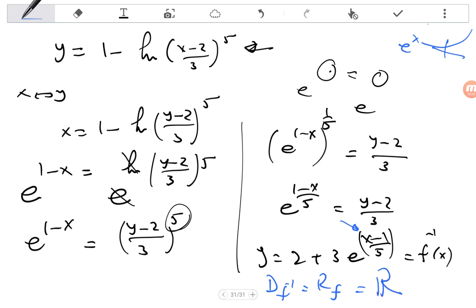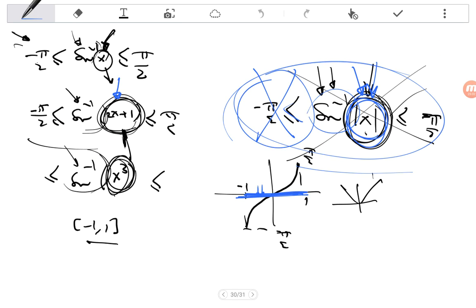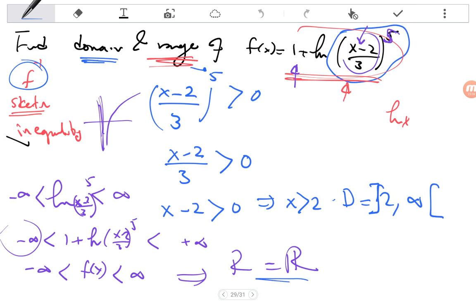That's why the domain of f inverse will just be equal to R, and so is the range of f. So we have just deduced the same result but by another way.